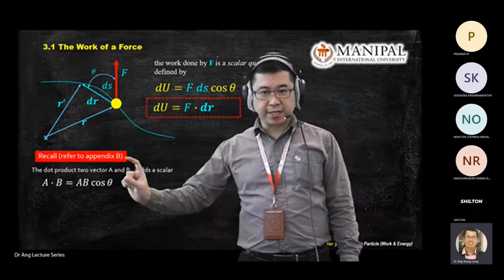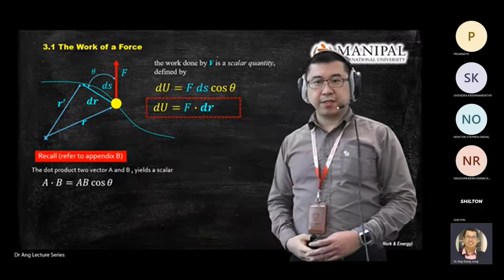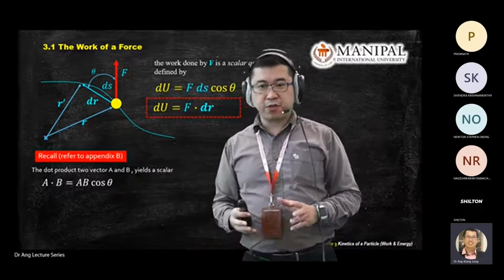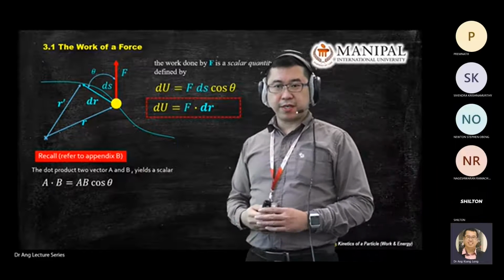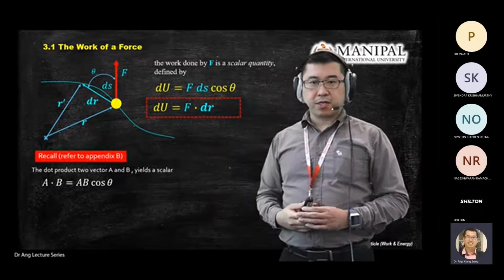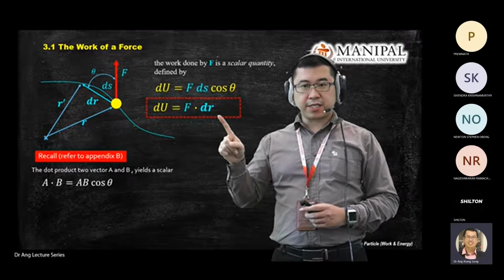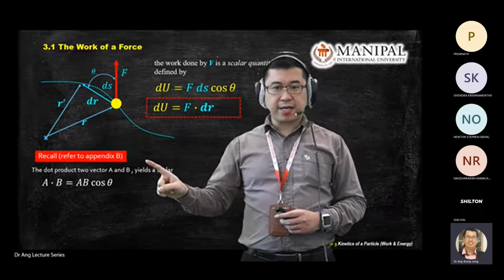I just extract from the vector, I put it here. This is where you apply what you learned in the first 2 years of your degree. So we transform this equation into this equation. It's a dot product. F dot dr, we get a scalar product.